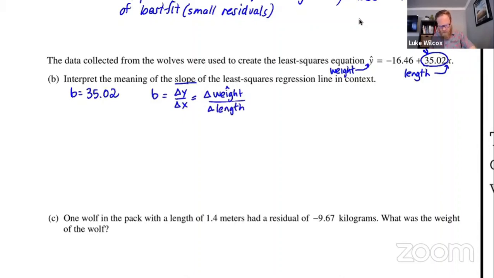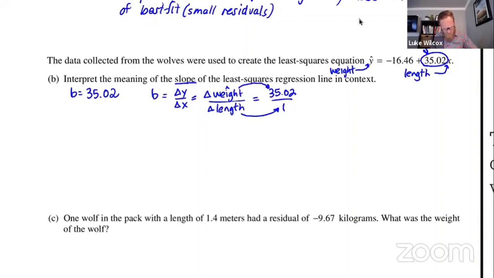And we know that this value is 35.02, but I'm going to write it as 35.02 over 1, which is going to help us with our interpretation of the slope, because we know that for a change in length of 1, we predict the weight to increase by 35.02. So we just have to put that in words now.